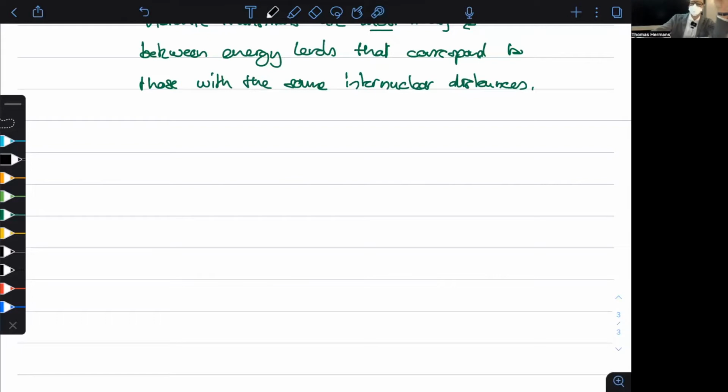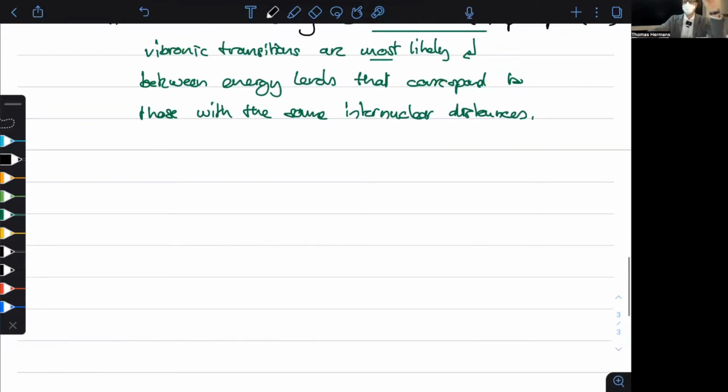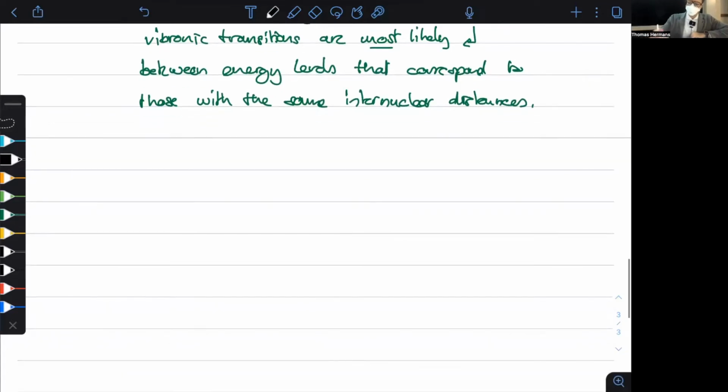So on the time scale of an absorption, 10 to the minus 15 seconds, your molecule does not have time to change the distance between the atoms. That's kind of a weird thing, and we're going to do some drawing, which hopefully will make you understand it better.